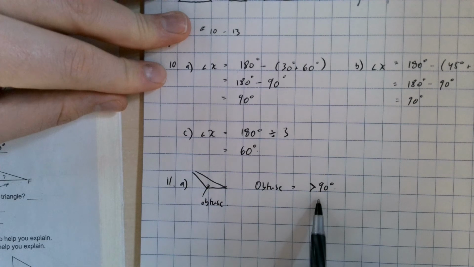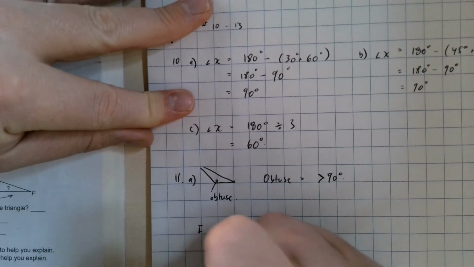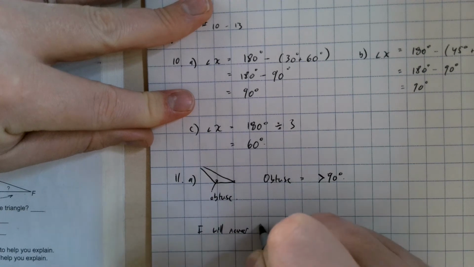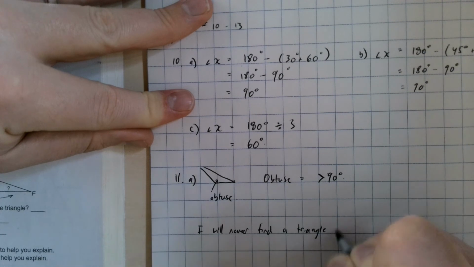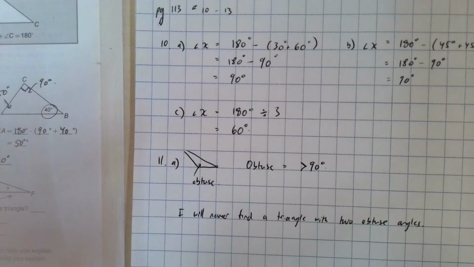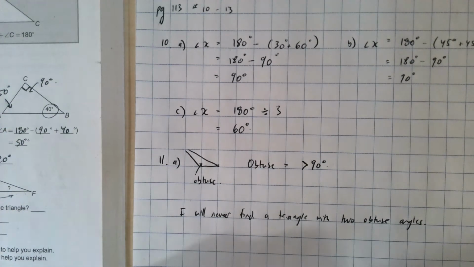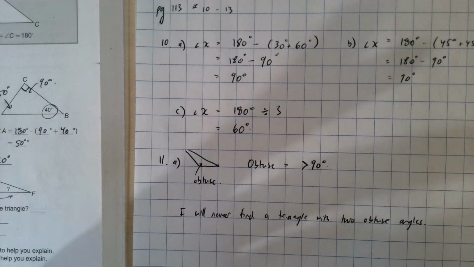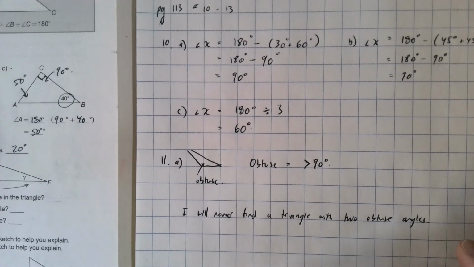So that means every triangle only has 180 degrees, and if an obtuse angle is more than 90 degrees, I will never find a triangle with 2 obtuse angles. It just doesn't work because an obtuse angle is more than 90 degrees, and every triangle has 3 angles. So if I have one angle that's more than 90 degrees, there's not enough for me to have another 2 angles. It won't ever work.